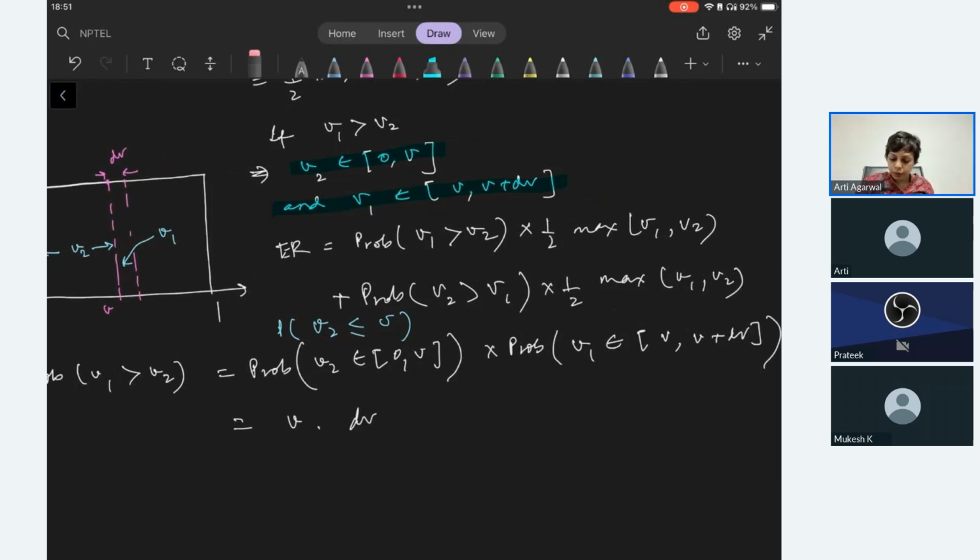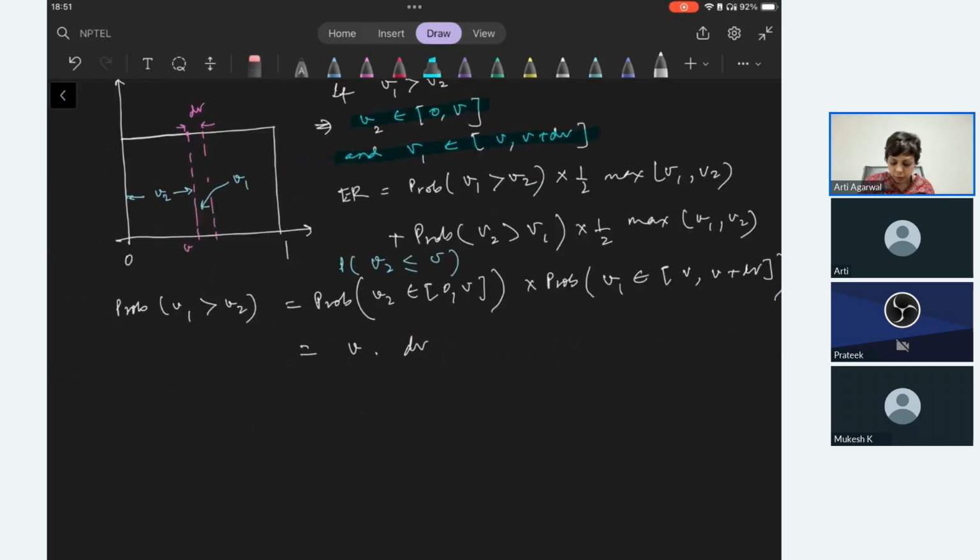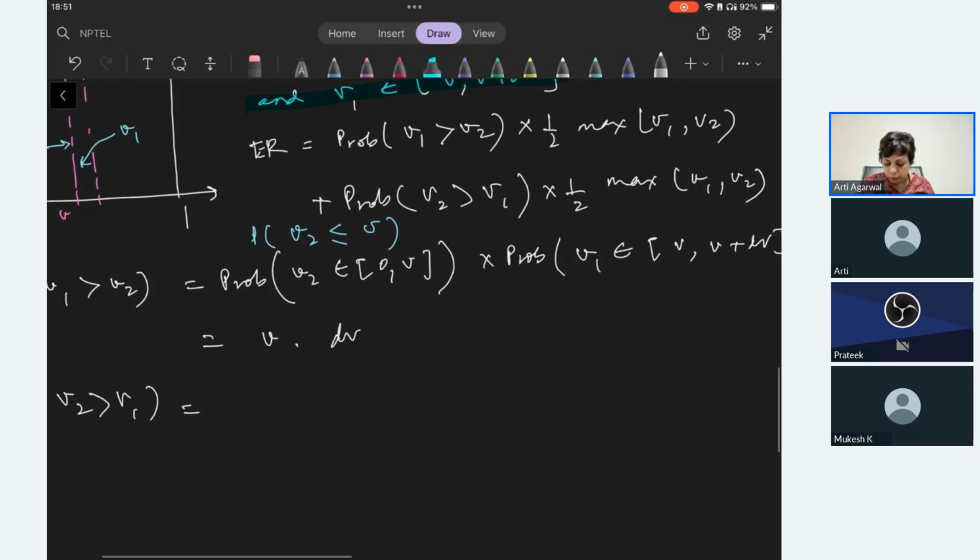Now, if you do the similar reasoning, but you invert it, V2 is greater than V1, then you will write the same thing, but you will write it the other way around, right? Now they have swapped places, that's all. There's nothing else that is different.